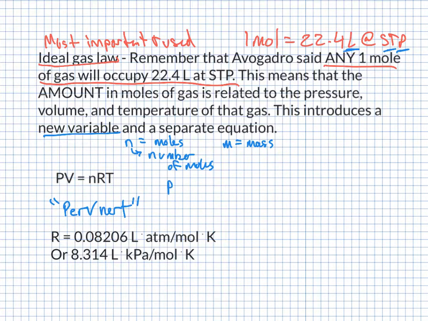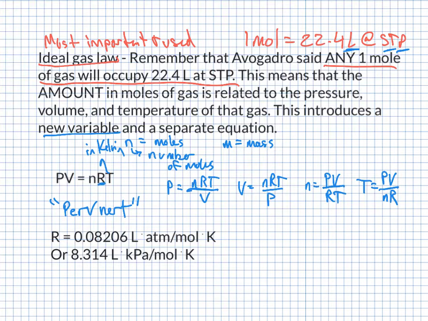So if we want to solve for pressure, it's simply nRT over V. If you want to solve for volume, it's simply nRT over P. If you want to solve for moles, that n, it's PV over RT. And if you want to solve for T, it would be PV over nR. So P is pressure, V is volume, n is moles, T is temperature, and temperature again, still always in Kelvin.